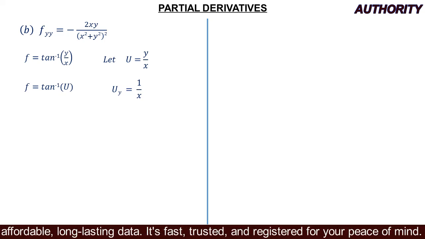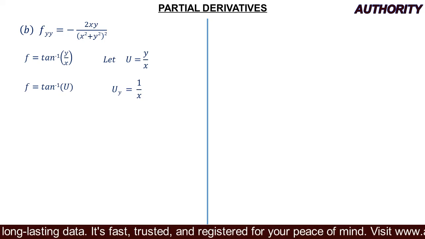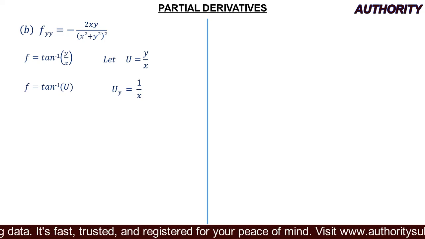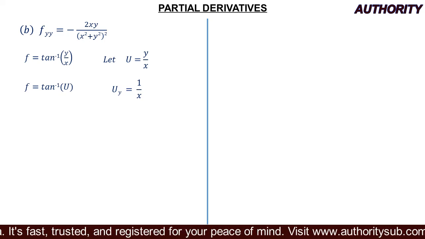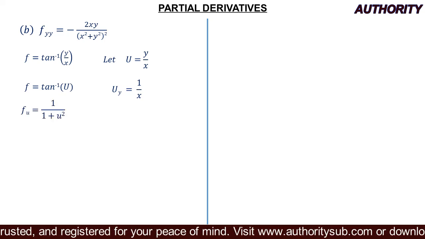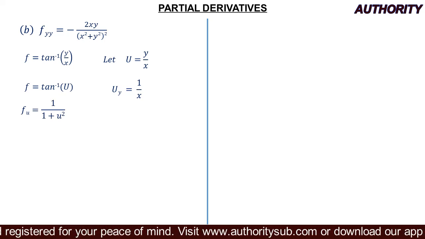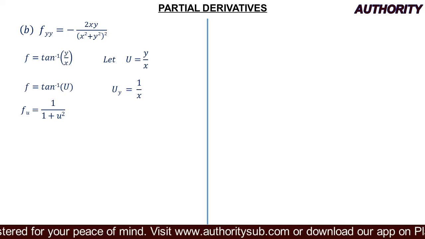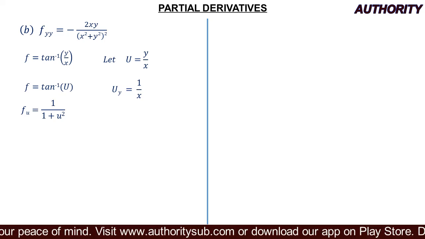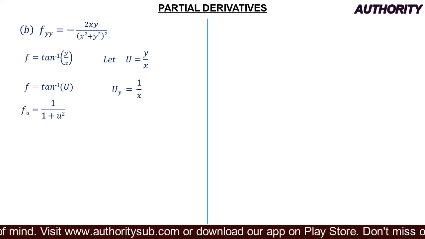So here now the function f is no longer a function of x and y, it's now a function of u. So we are going to differentiate this f partially with respect to u. When we do that, we are going to have 1 all over 1 plus u squared. This is a basic function: the derivative of tan inverse of u is 1 all over 1 plus u squared.